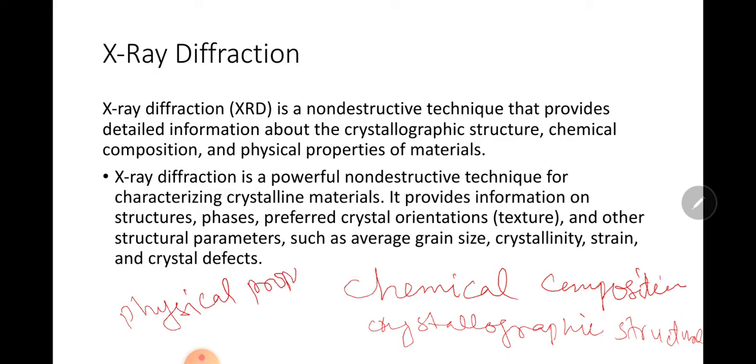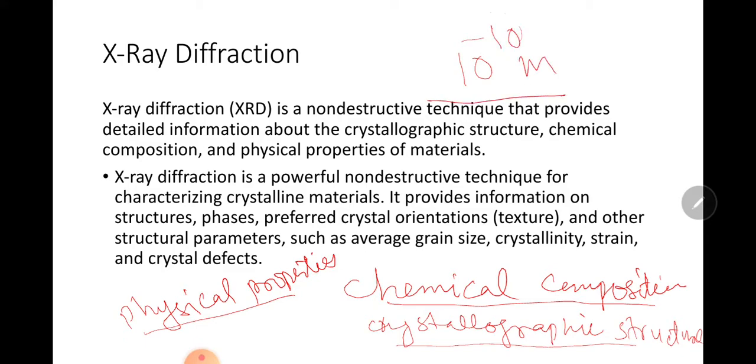These physical properties, chemical composition, and crystallographic structure are investigated with the help of X-rays, because the wavelength of X-rays is 10 raised to power minus 10 meter. So it is suitable for the study of the internal structure of the atom.